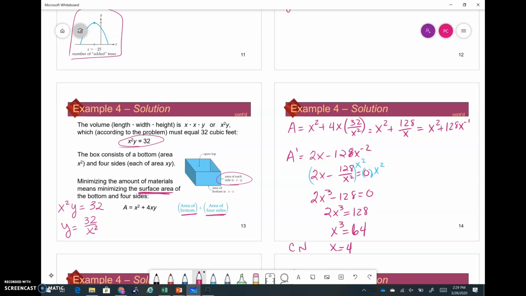So if I take the second derivative, I end up with 2 minus 256 x to the negative 3. Plug in 4 and see if it is positive or negative.